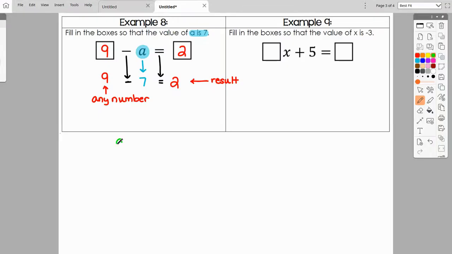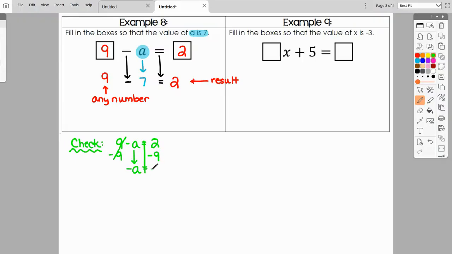So I have 9 minus a equaling 2, and I'll check my work. Because it's a positive 9, I'll subtract 9 from each side, cancels out on the left side, and leaves me with the negative a I can bring down.